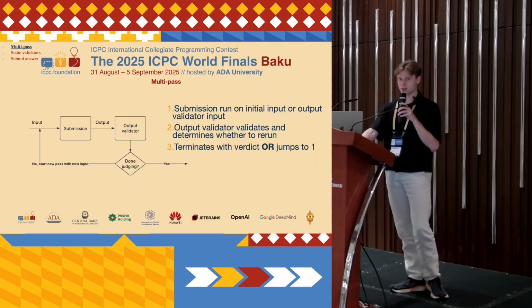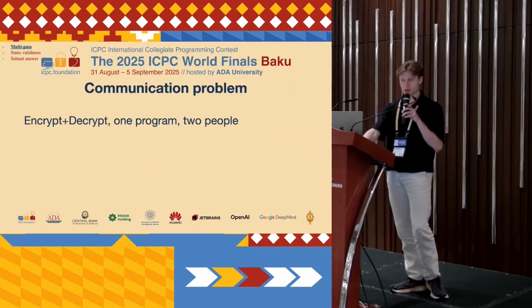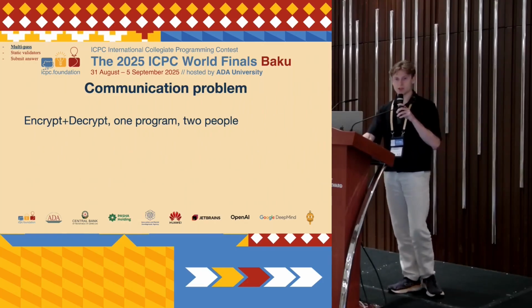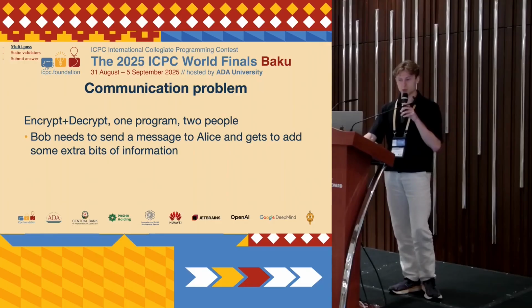So what is the actual use of a multipass problem? An example multipass problem would be a simple communications problem. I'd say this is the most classic, an encrypt and decrypt program. So you're tasked with writing a program that can act as two different people. In this case, we have Bob.